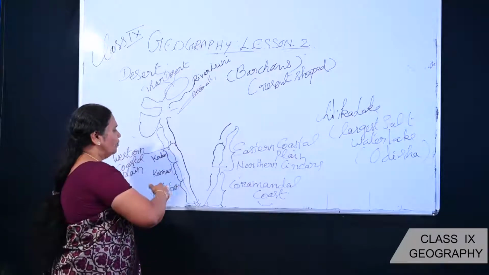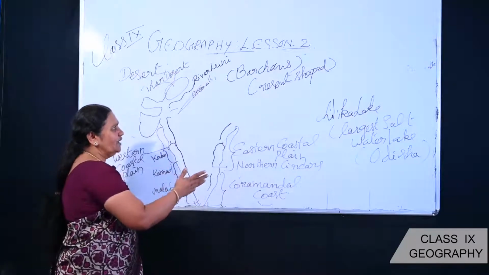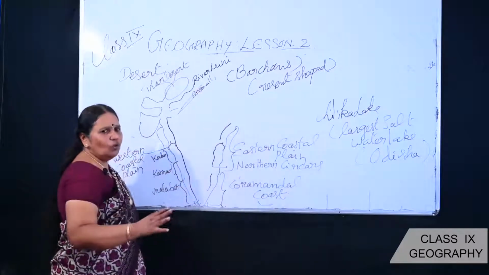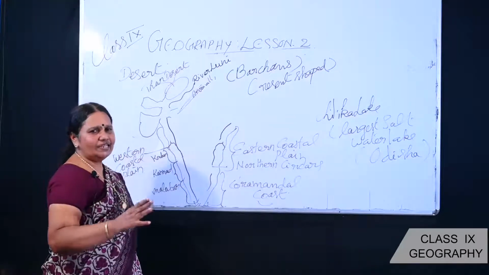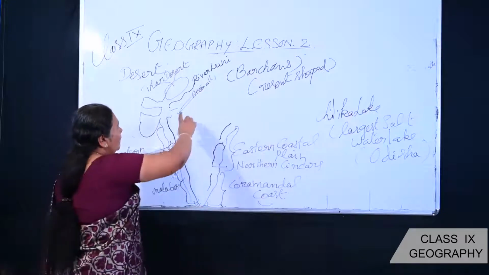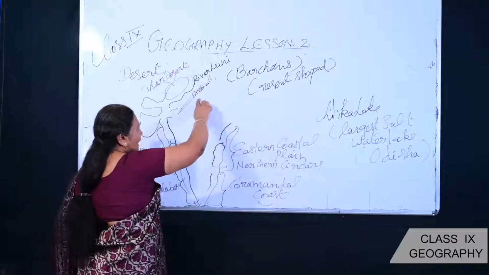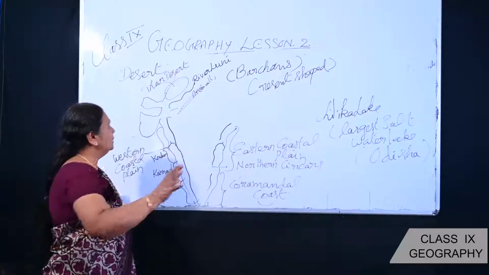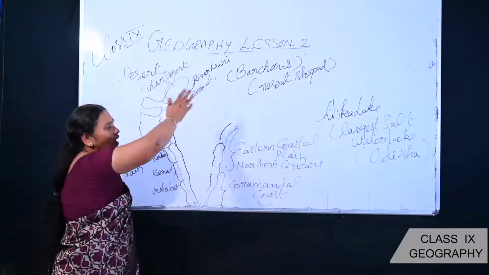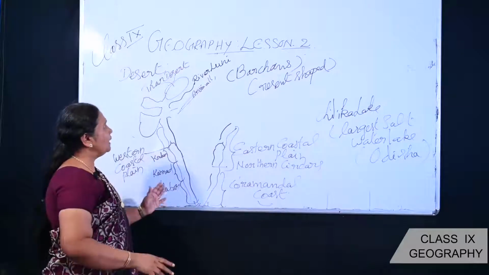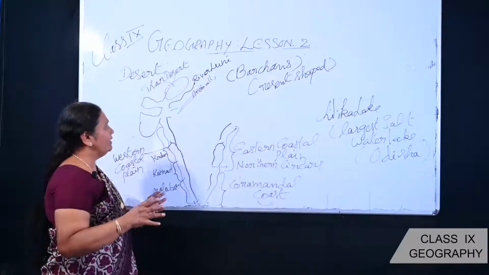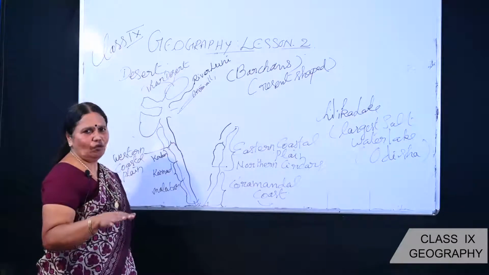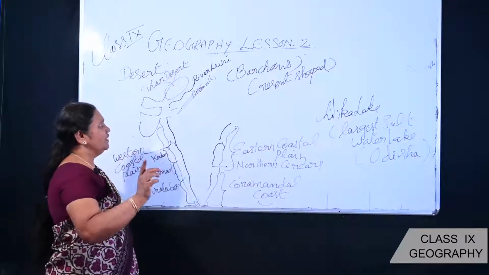Because of the southwest monsoon wind, both the Bay of Bengal branch and the Arabian Sea branch, there is no chance for Rajasthan to get rainfall because the Aravalli range lies parallel to the wind direction. That is why no rainfall. The westernmost part of Rajasthan, Jaisalmer, Bikaner, all these places get less than 20 centimeters of annual rainfall.